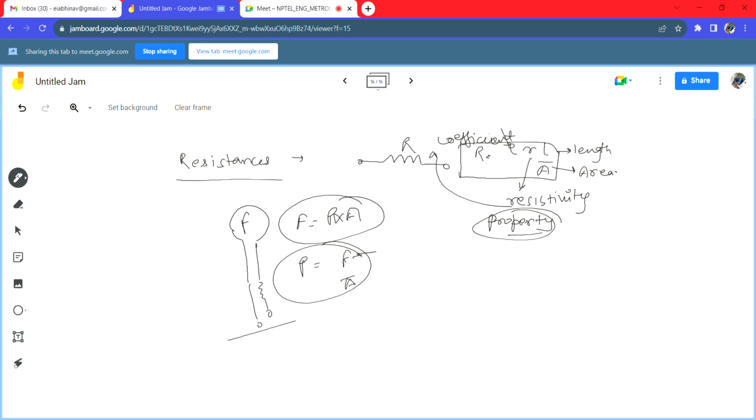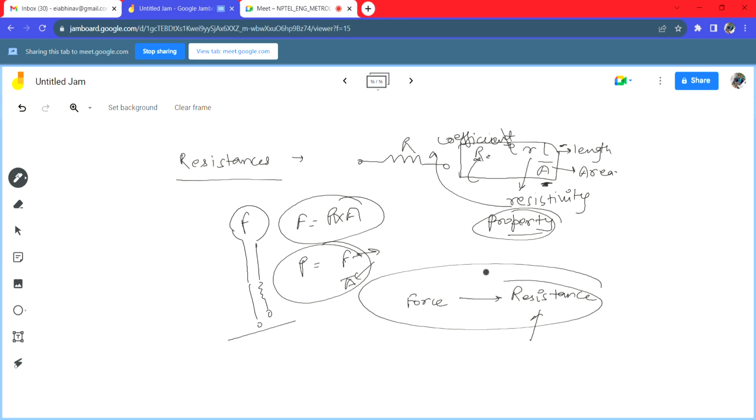So this force is invariably connected with the area, and as soon as you change the area or you change the force, this parameter will start to change, and when the area or length starts to change, eventually the resistance will change. So it is interesting to understand here that though we were changing the force, we eventually turned out to change the resistance of the body.